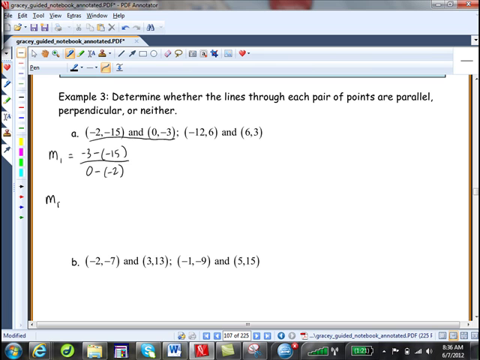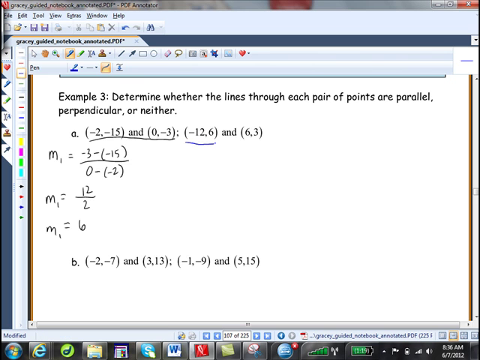So the first slope, I believe, will be negative 12 over 2. Actually, do you see it would be negative 3 plus 15, so that'll be positive 12. So that first slope will be positive 6.